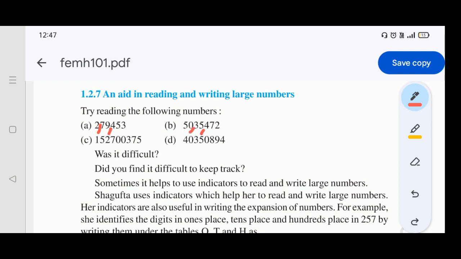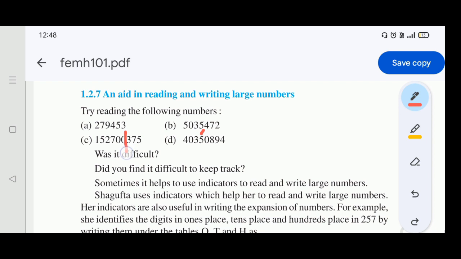The next, B, is 50 lakhs 35,472. Next C is, from the last three digits insert one comma, and after that after every two digits we have to insert the commas.